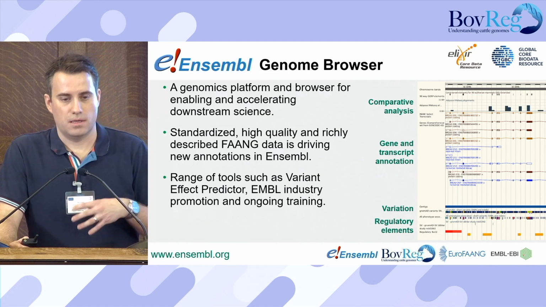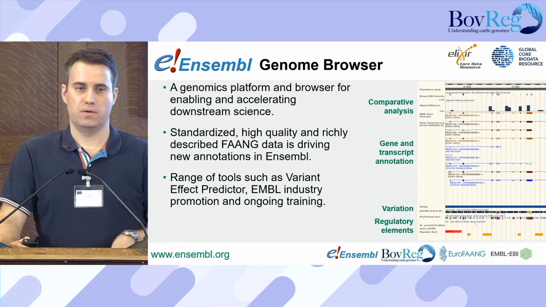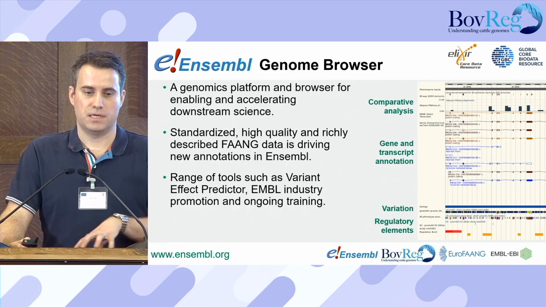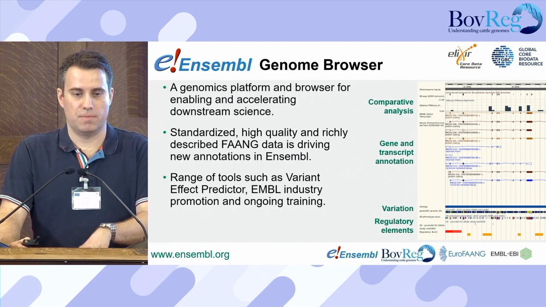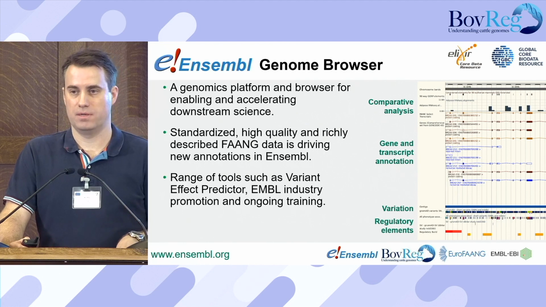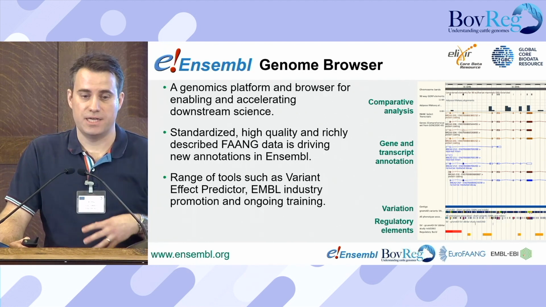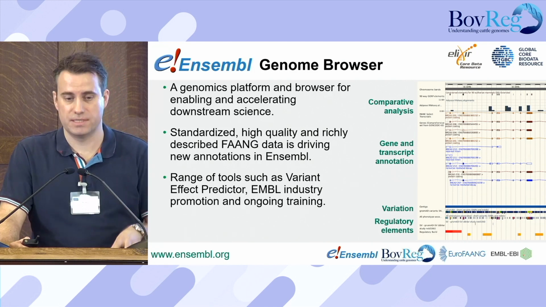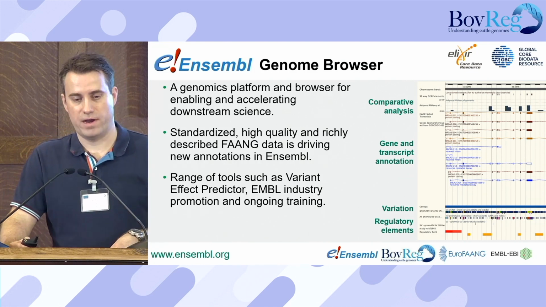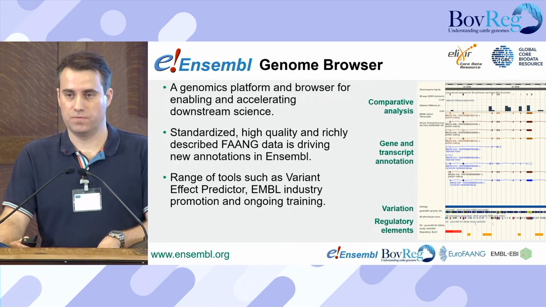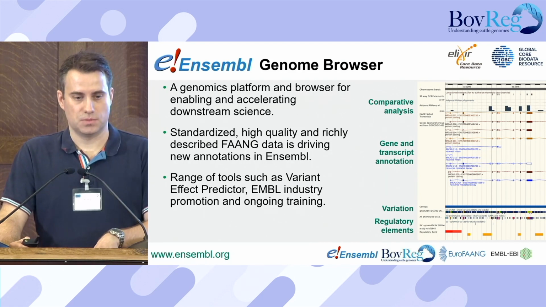So with my other hat on, I'm also one of the team leaders for the Ensembl project. And this is a genomics platform and browser for trying to enable and accelerate downstream science. We provide gene annotation, comparative analysis, transcript annotation, a lot of work on variation, and then more recently we've started to produce regulatory builds for animal species as well.